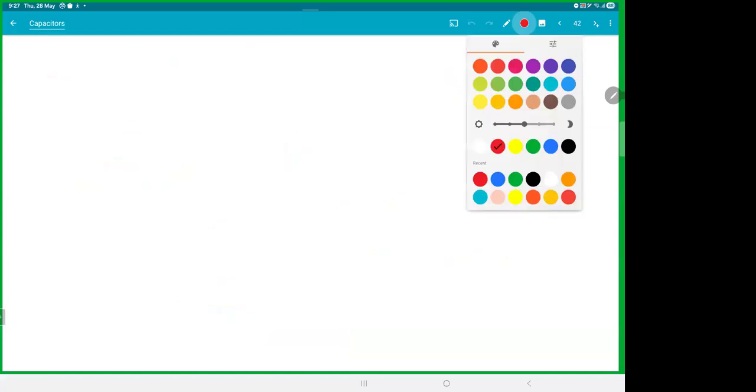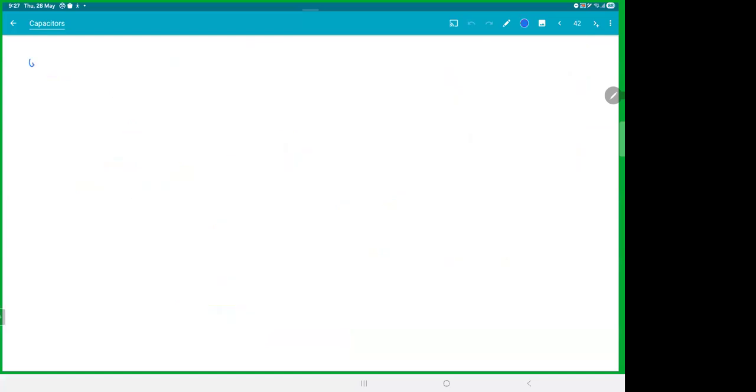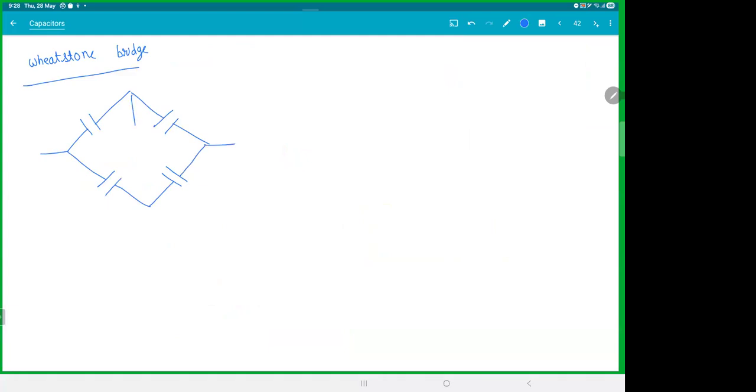The third one, Wheatstone bridge. This we have already done two times, in heat transfer and Poiseuille's equation. So what's a Wheatstone bridge? If you have capacitors C1, C2, C3, C4, and C5.